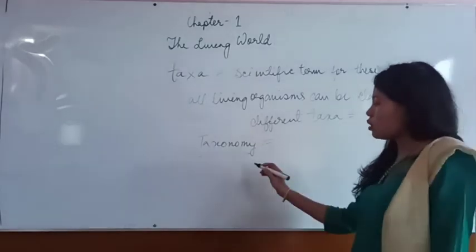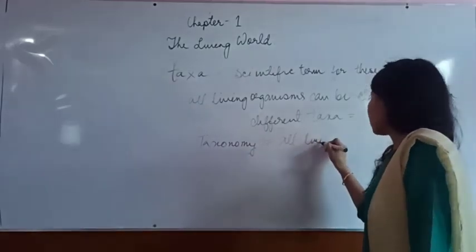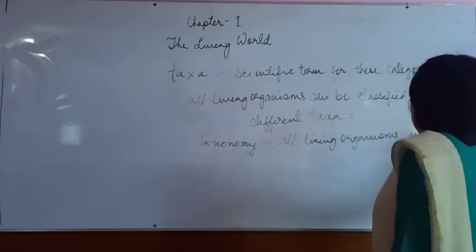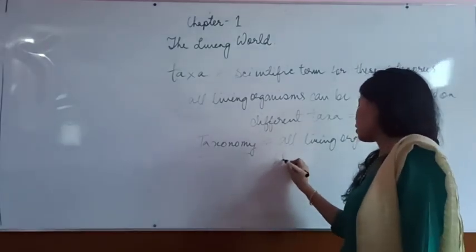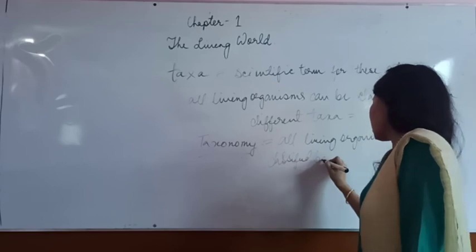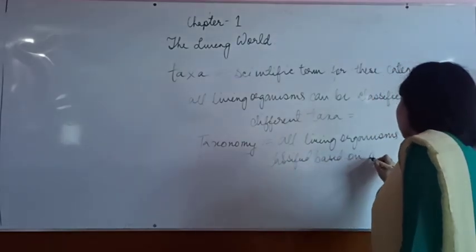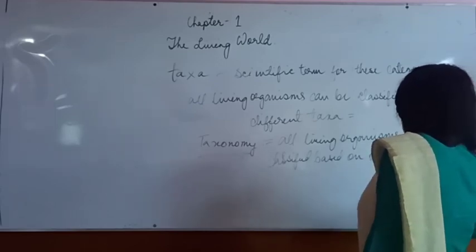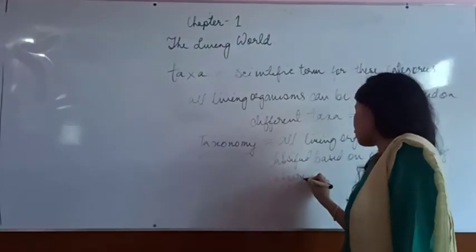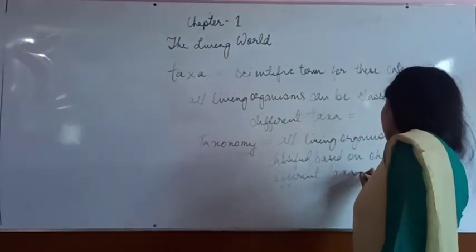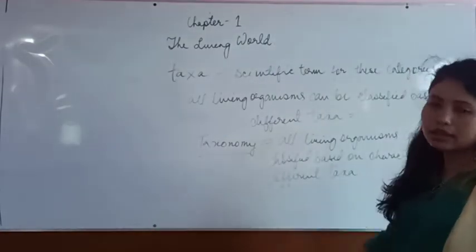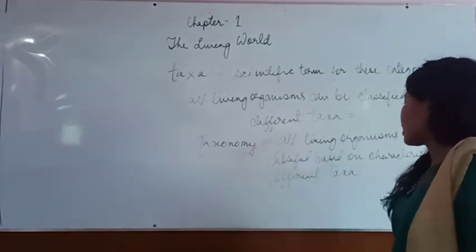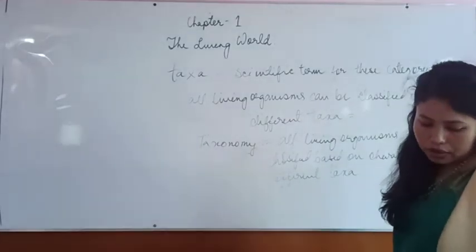So all living organisms can be classified based on the characteristics of different taxa, and that is nothing but taxonomy. So taxonomy is a process of classification wherein we classify all living organisms based on the characteristics of different taxa.